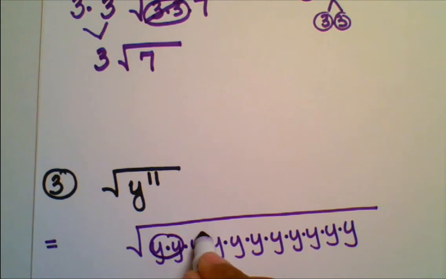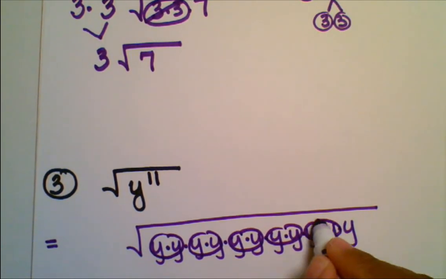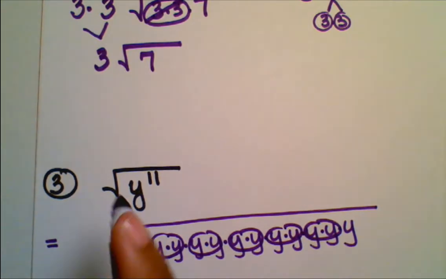We have 1, 2, 3, 4, 5. We were able to circle 5 pairs. So what this is telling you is that we're going to bring y out 5 times.